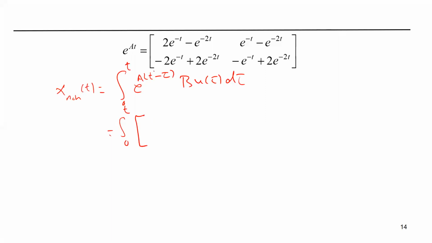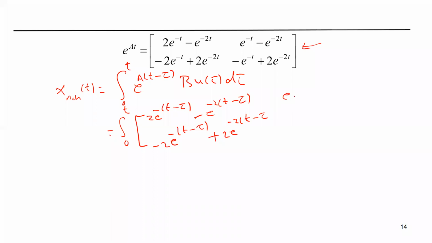Here, this is e to the at. Replace each t by t minus tau. So that will be what? I need t minus tau. So replace in the state transition matrix each t by t minus tau: 2 e to the minus (t minus tau) minus e to the minus 2(t minus tau), then minus 2 e to the power minus (t minus tau) plus 2 e to the power minus 2(t minus tau).